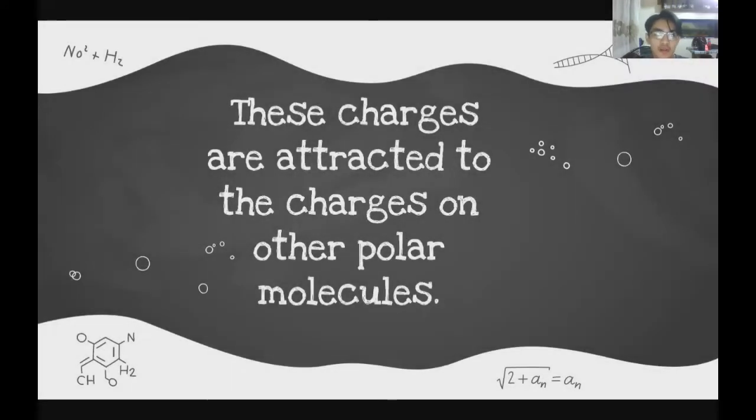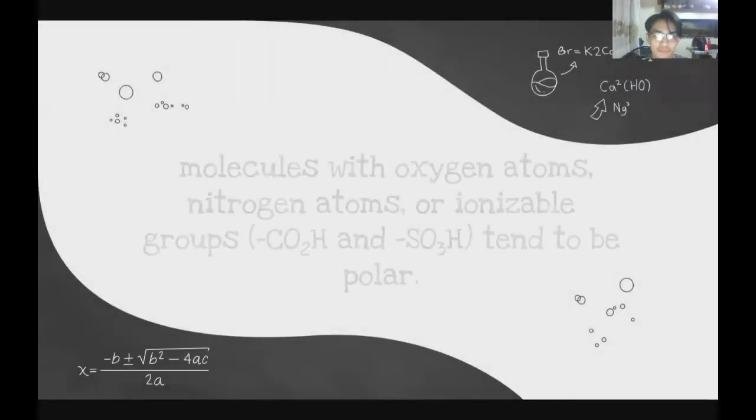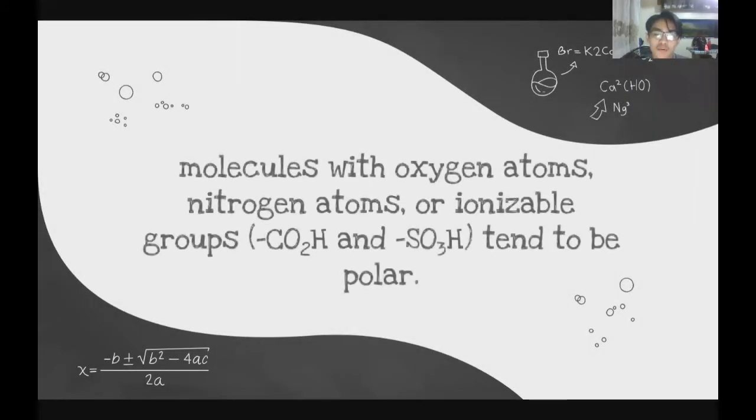And these polar substances are only attracted to other polar molecules, such as ethanol, water, ammonia, and sulfur, and many more. Molecules with oxygen atoms, nitrogen atoms, or ionizable groups, such as CO2H and SO3H, tend to be polar.